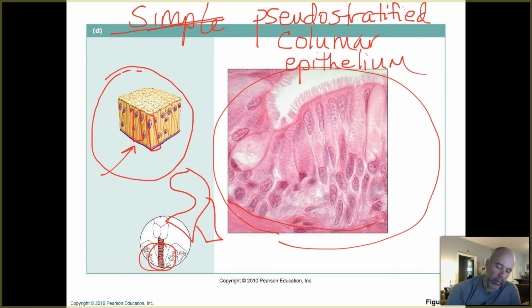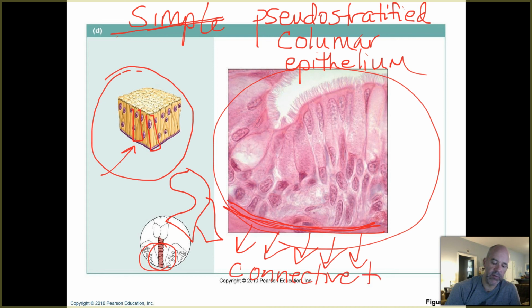So here's the border in this picture between that lining on the inside of the trachea, and so down in here you're within the wall of the trachea itself. Remember, you're at a microscopic level here. So down in here you have connective tissues. All right, and then so for example here, there's a nucleus, there's another one, there's another one, there's another one, there's another one, there's another one.